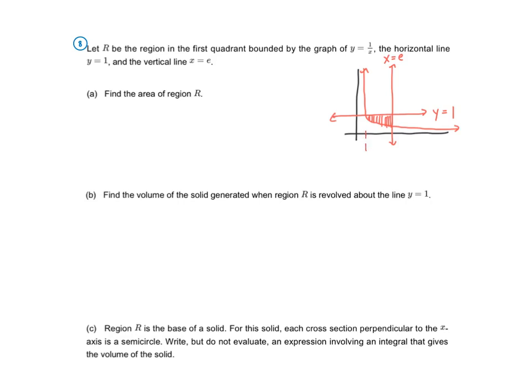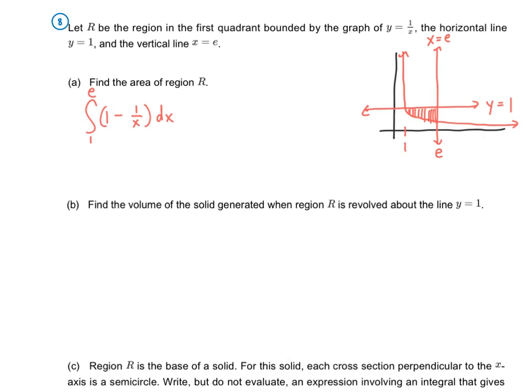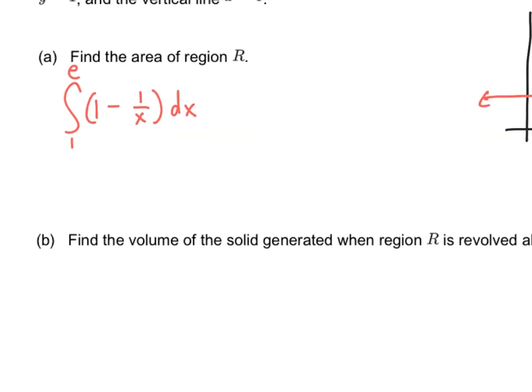That's where they intersect. And that's e. So this integral is going to go from 1 to e. The top line is 1, and the bottom line is 1 over x. All right, so that's what we have to solve.